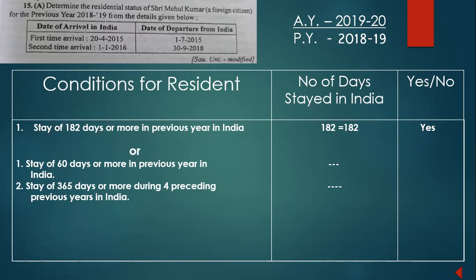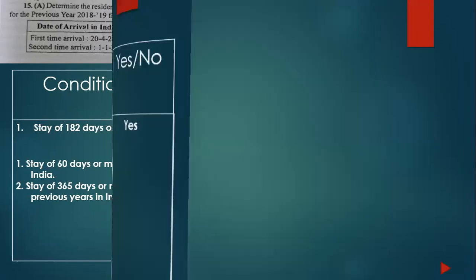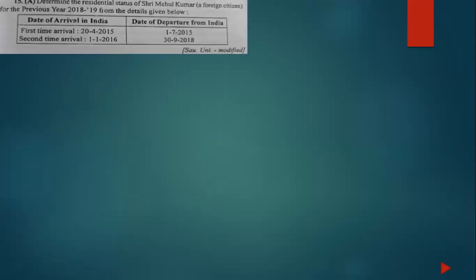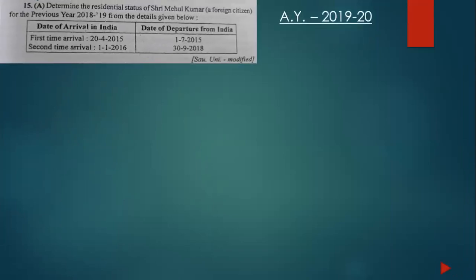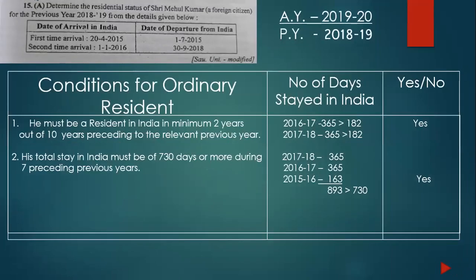So he has to go through the condition check for ordinary resident. So now we will make another table for the conditions for ordinary resident. Again we will write the assessment year, previous year, and make the table.